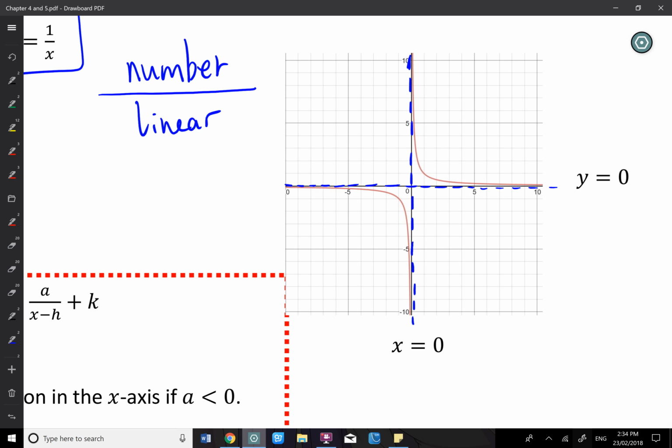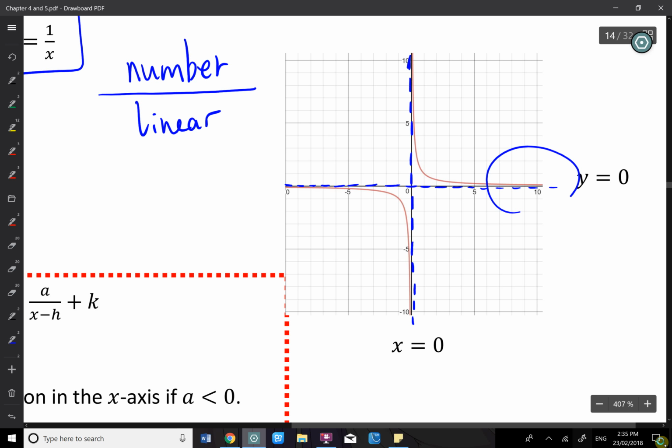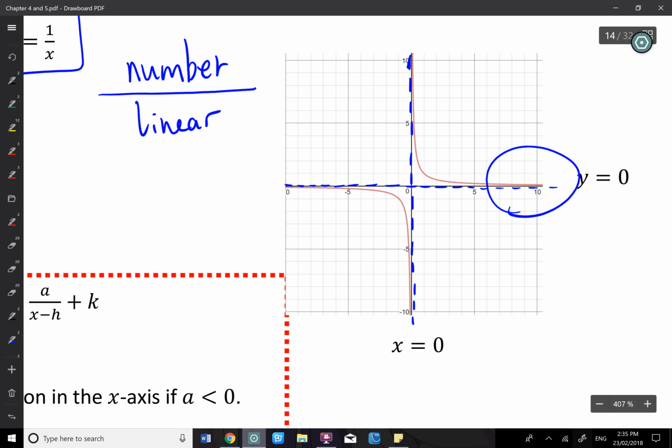One of the key features is that for every rectangular hyperbola graph, you will have 2 asymptotes, one horizontal and one vertical. I'll tell you how to find that later, but we have 2, and we need to label them clearly. Second thing is what asymptotes mean. When the graph approaches infinity to the right-hand side, it gets closer and closer to that line, but you never touch that line.